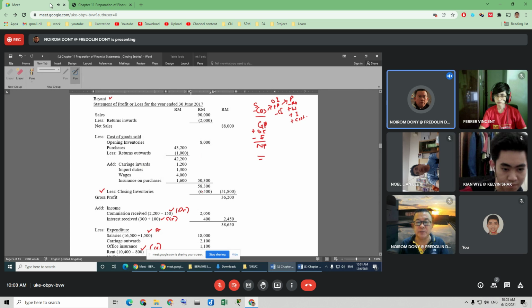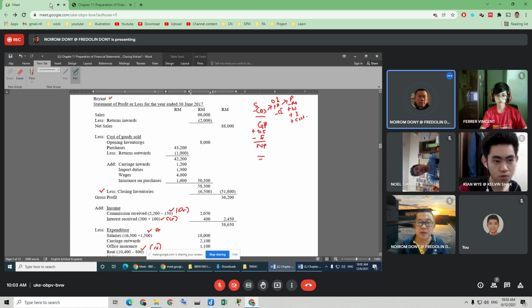So we have to minus, because we want to evaluate and measure the actual cost of goods that were sold to the customer. So the actual cost is only 51,800. So make sure you put a negative value, because the formula is opening inventory plus purchases less closing inventory.